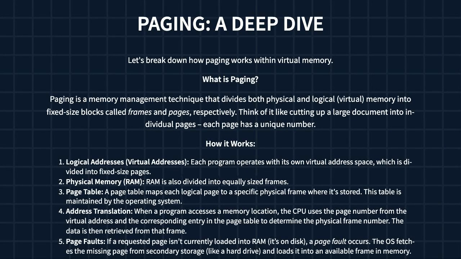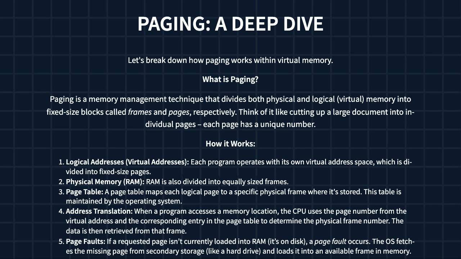Okay, let's talk about paging. Paging is a really clever way virtual memory manages space. Basically, both the program's address space and our physical RAM are split into equal chunks. We call these chunks pages and frames, respectively. Each has a unique number. The operating system keeps track of where each page actually lives using a table called a page table.